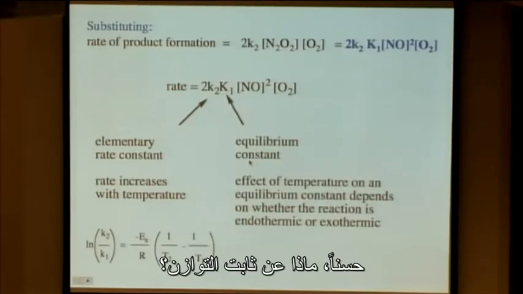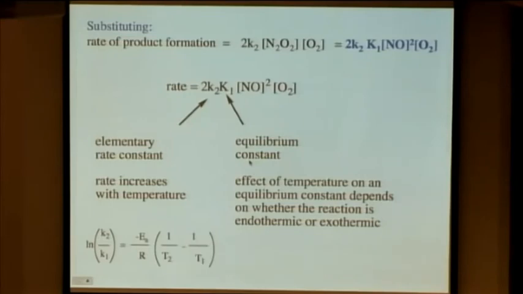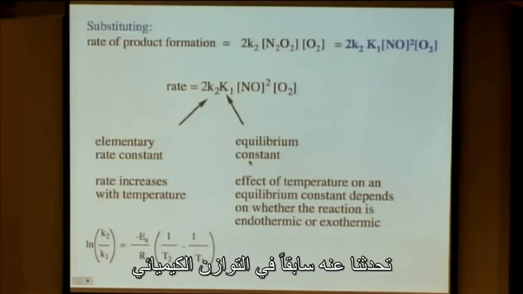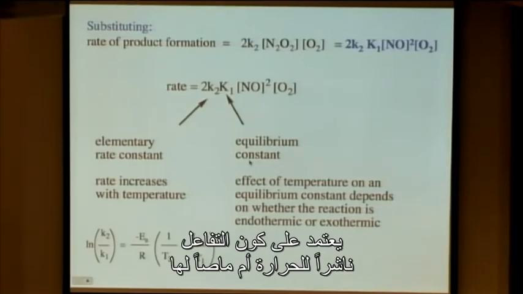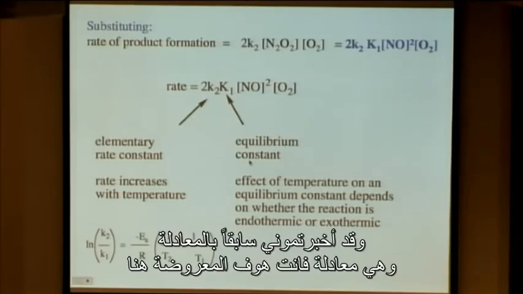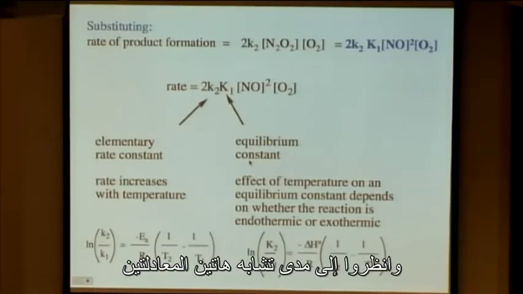Well, what about the equilibrium constant? We've talked about this back in chemical equilibrium, that the effect of temperature on an equilibrium constant depends on whether the reaction is endothermic or exothermic. And that's the van 't Hoff equation shown here. Look how similar those equations are.